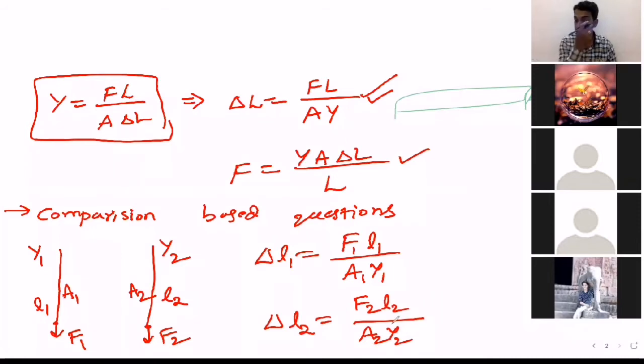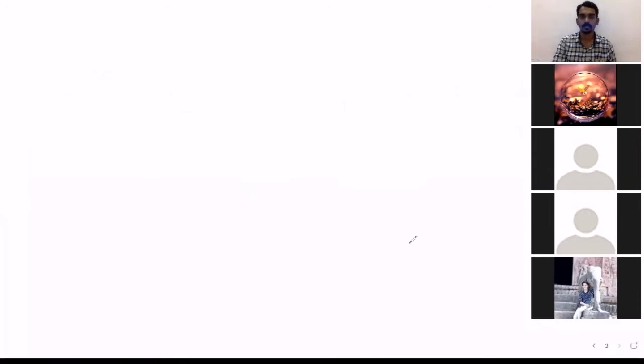This is the equation for change in length, or stretch, in the wire in case of the first wire and in case of the second wire. Now after this, comparison.